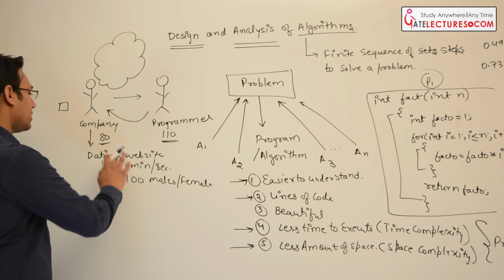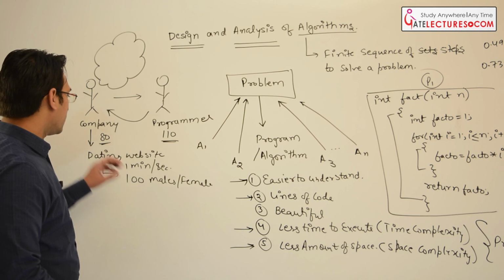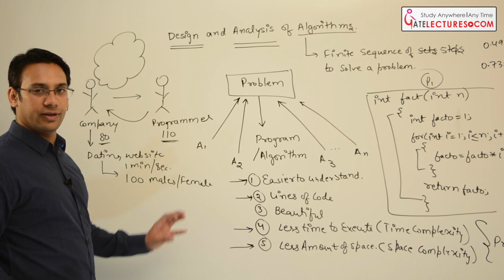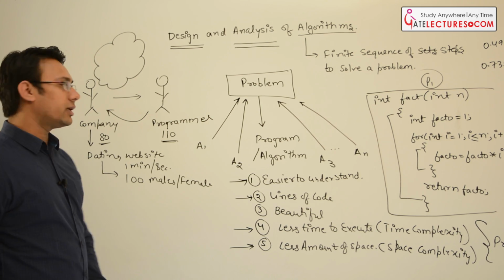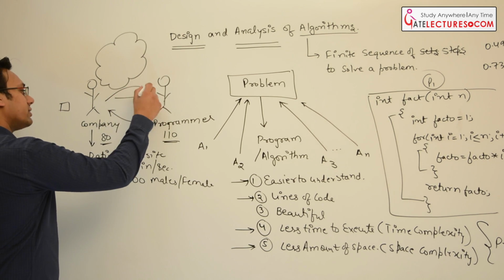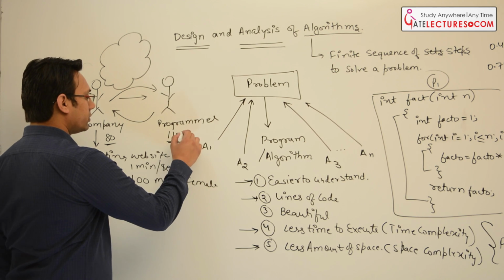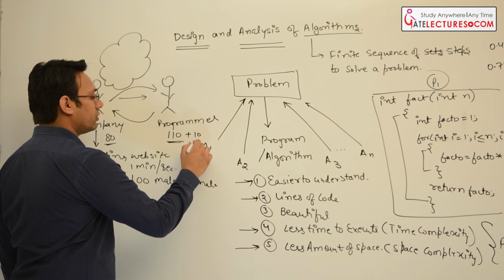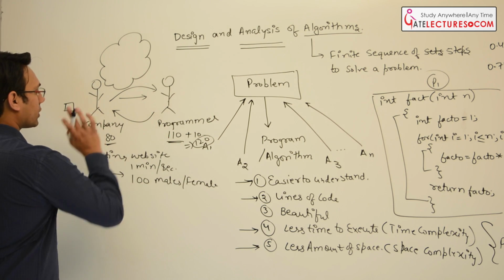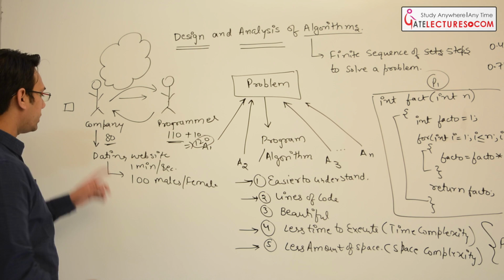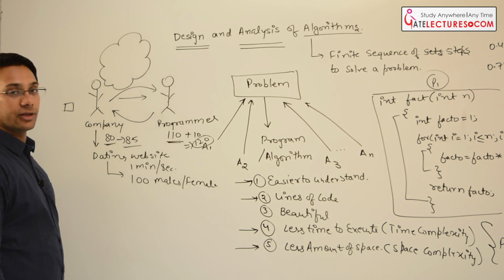Then your client says, sir, on my system this program is not behaving better. This program is only giving a list of 80 persons around the area, but I wanted 100. Then he gives the program back to you and says, please improve the program. Now you have done your best and you have improved the program. Now your program is going to give you a list of 120 people around the area. Then you deliver this program to the client, and on the client machine this program is only going to deliver around 85 people around the area.